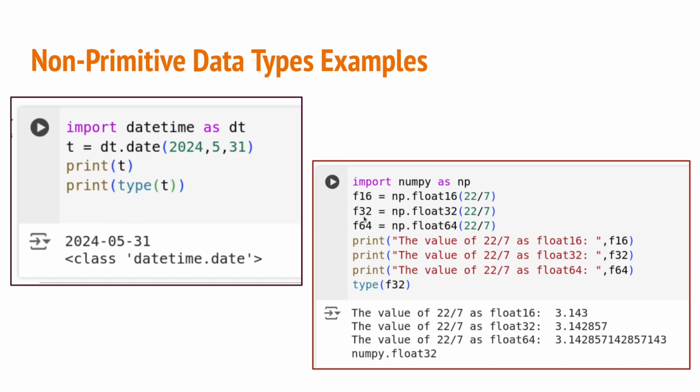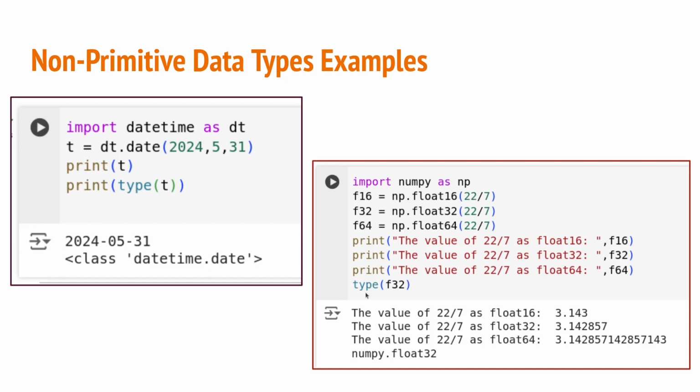If I were to define F32 and use np.float32 for that same value, I get 6 decimal places. And if I use float64, I get several more decimal places. So the accuracy goes up as I go from 16 to 32 to 64.